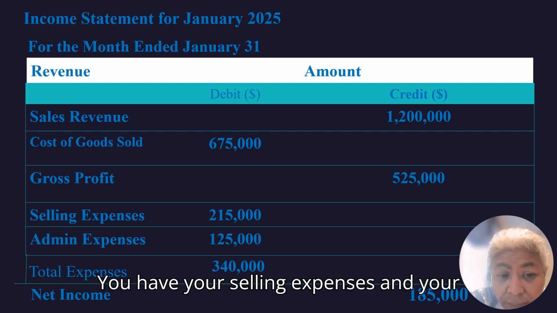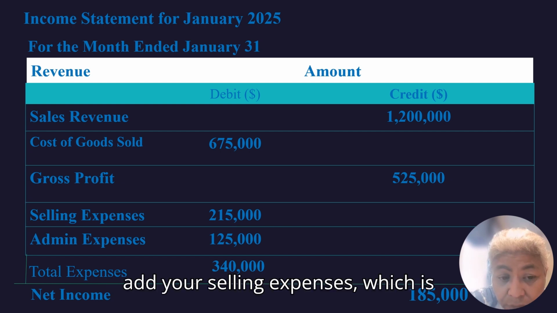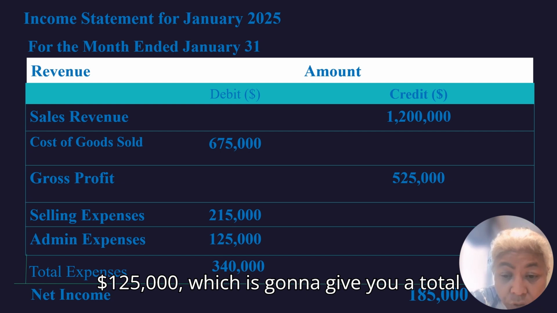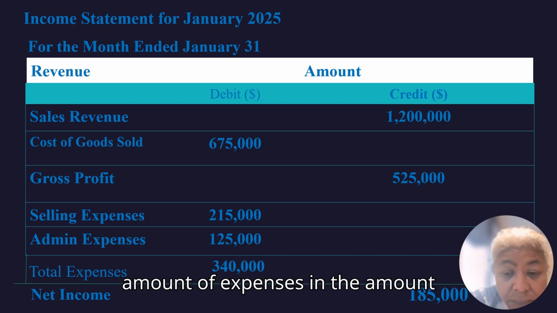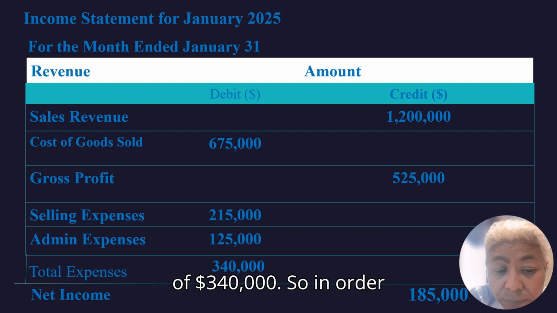You have your selling expenses and your administrative expenses. You add your selling expenses, which is 215,000, to 125,000, which gives you total expenses of 340,000.